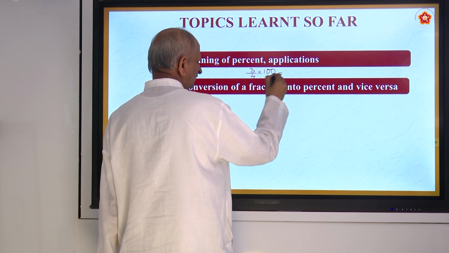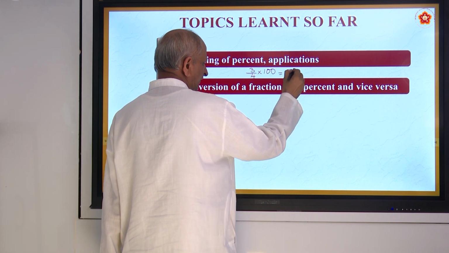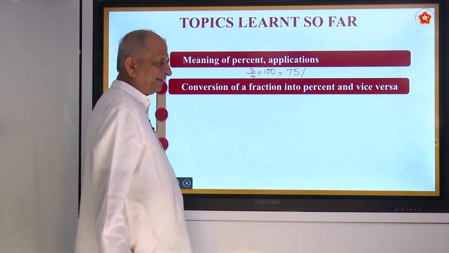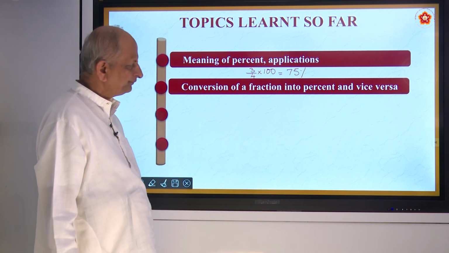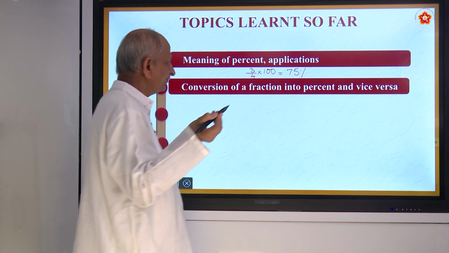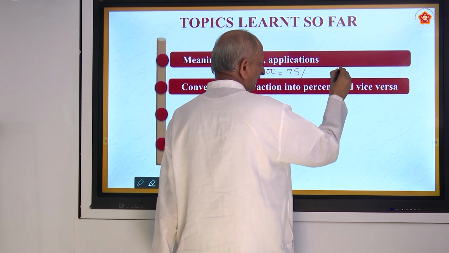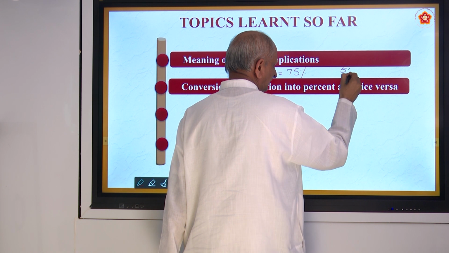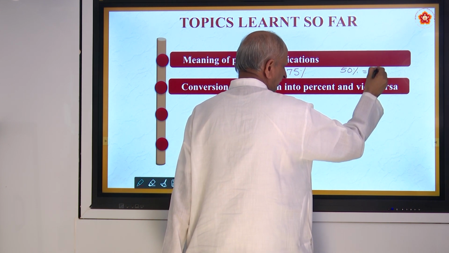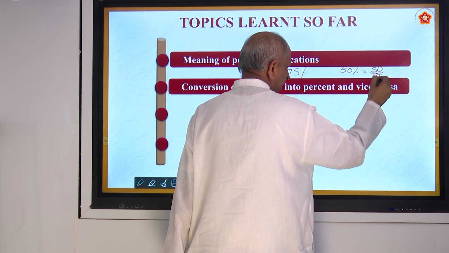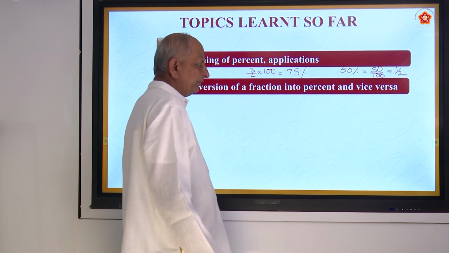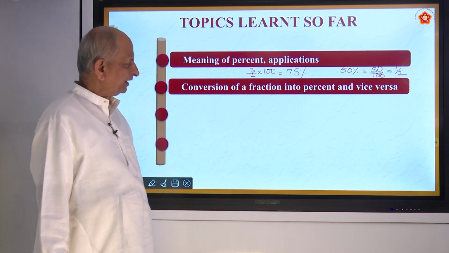It will be 25 into 3, that will be 75%. And how do you convert percent into fraction? Divide by 100. Suppose you have 50%. It means 50 by 100, that is 1 by 2. That we have already seen in the previous class.